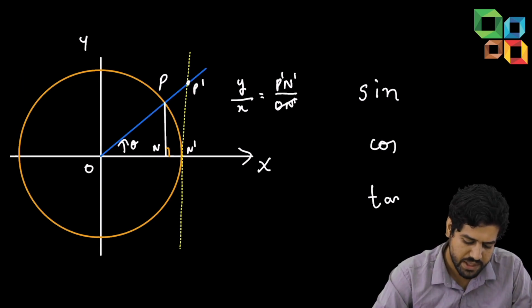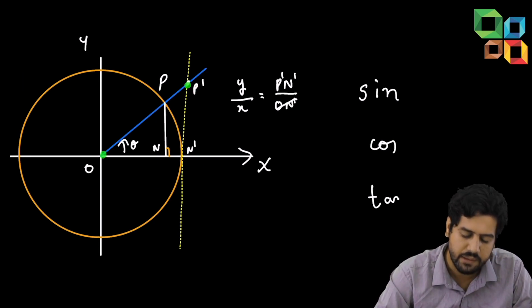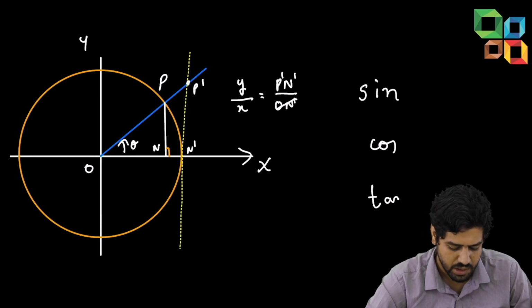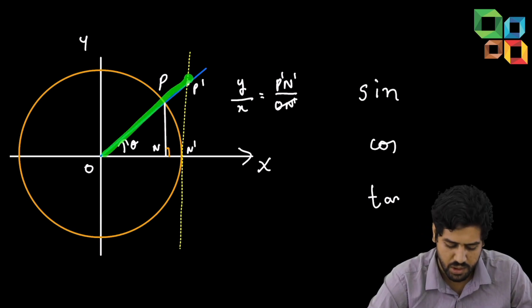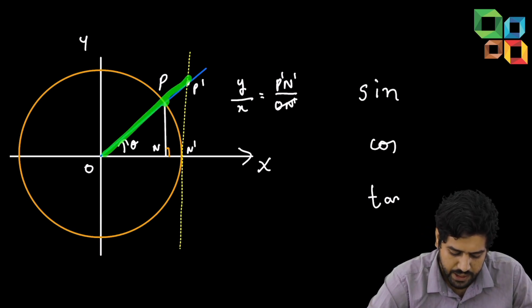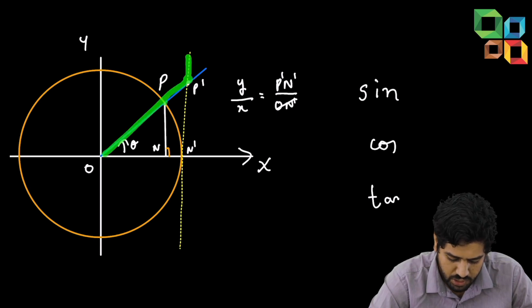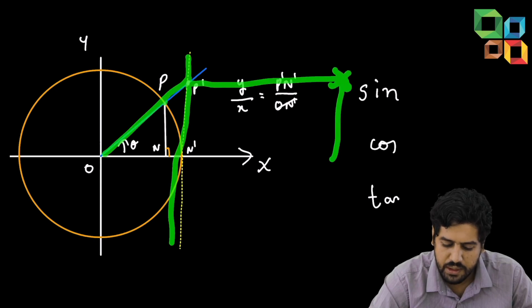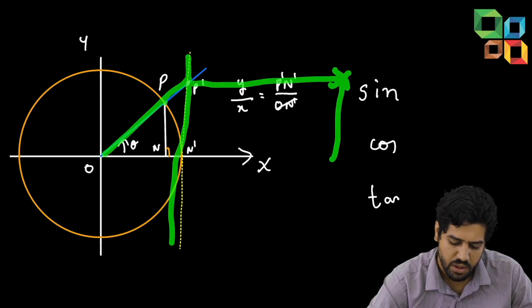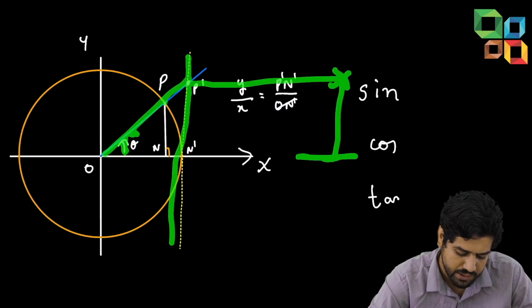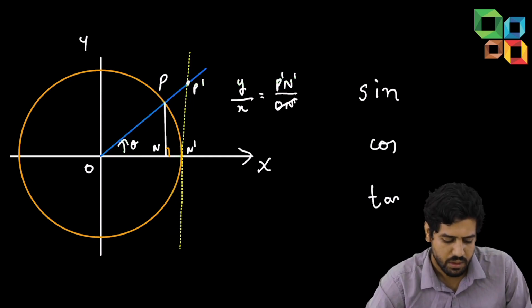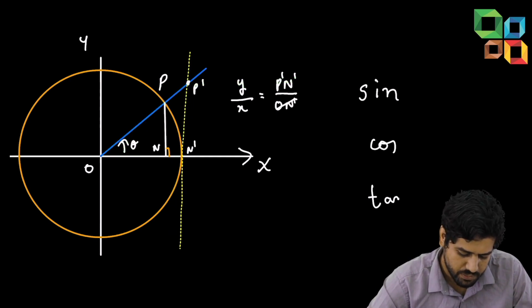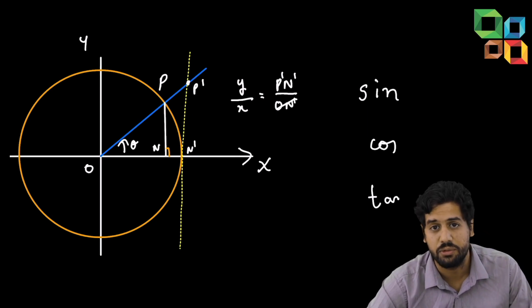So basically, how do you get the value of tan for an angle? You draw the angle and draw a tangent, extend that, and that will give you the y coordinate of tangent. Of course, the x coordinate is nothing but this angle theta. But for negative values, you need to be careful.